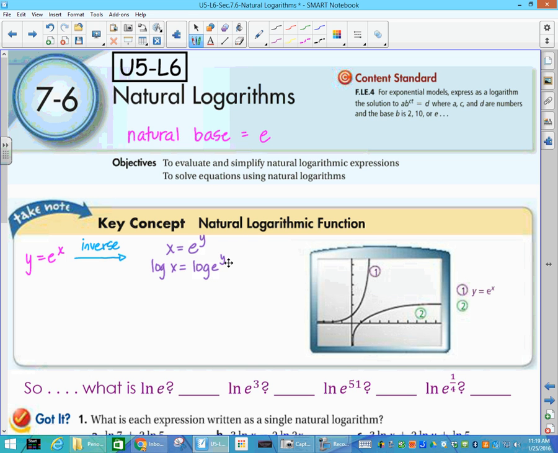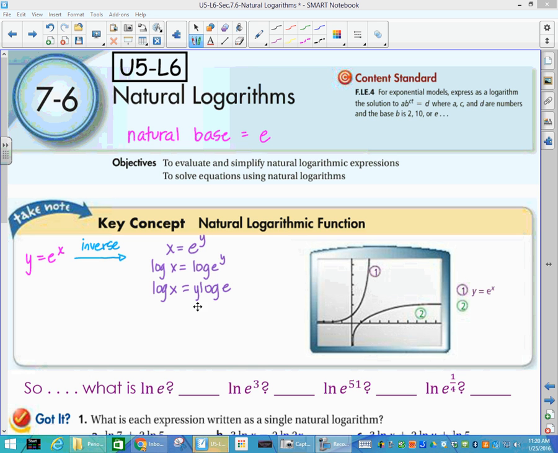And how do we get the variable out of the exponent so that it's not there? You all knew that it was to move it in front. So log of x equals y log of e.